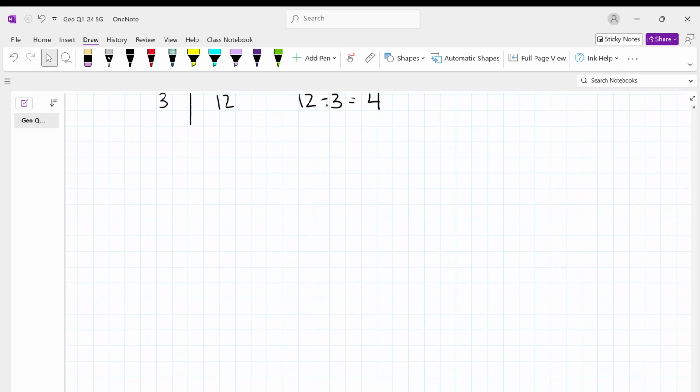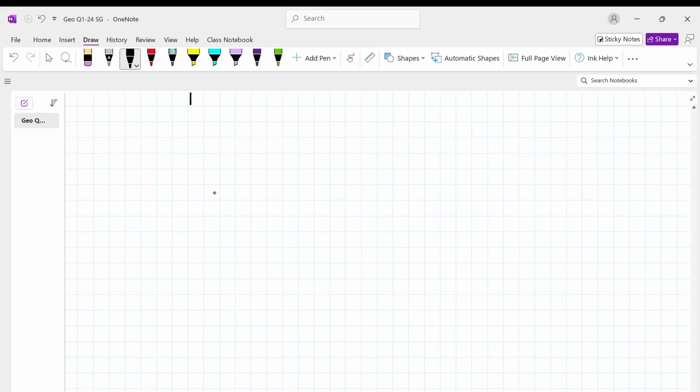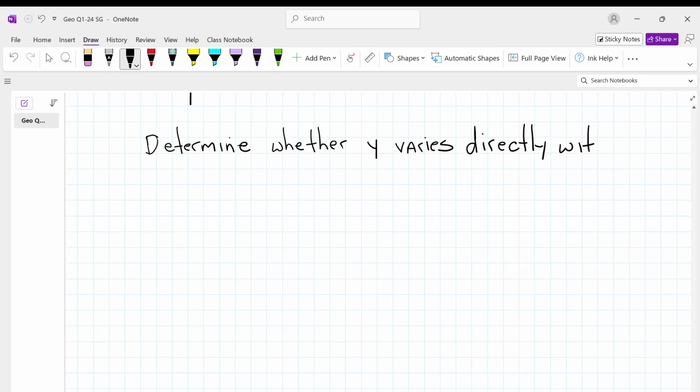In the second part of your assignment, you're going to be asked to determine, again, whether y varies directly with x. If so, what is the constant?